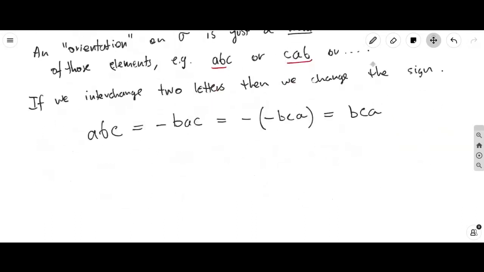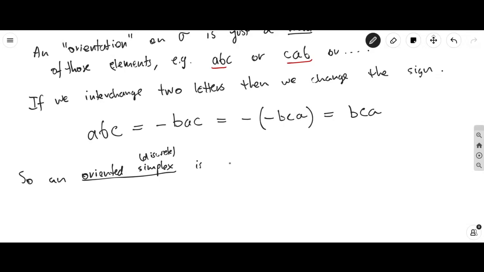So an oriented simplex is just like a simplex. Maybe I can say a discrete simplex because we are talking about finite sets.